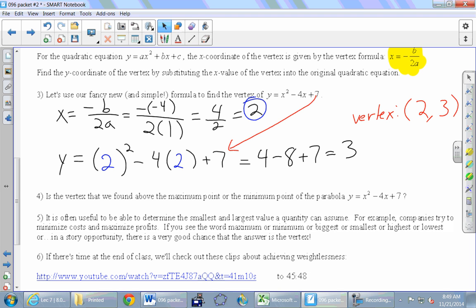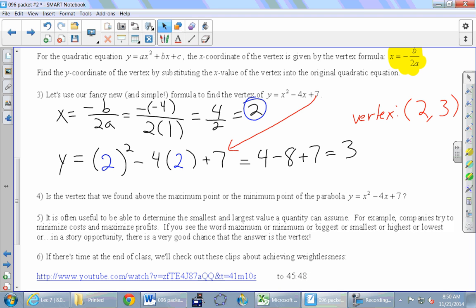Number 4, Dan. Okay, so we know there's like 2 basic kinds of parabolas, right? There's the smiley face parabola and the frowny face parabola. And the vertex is just the extreme point. In this case, is it a smiley face or a sad face?